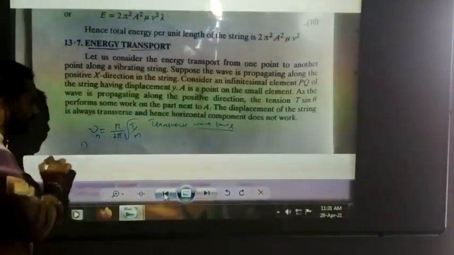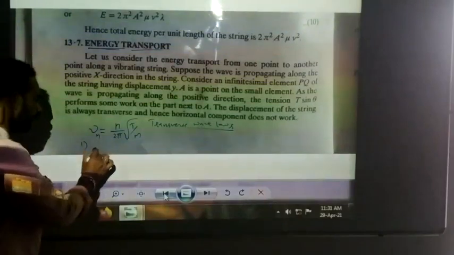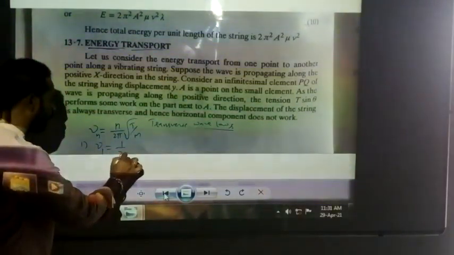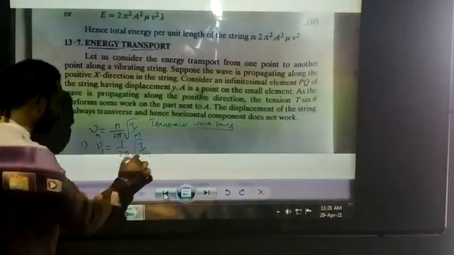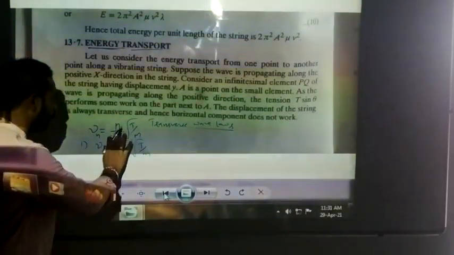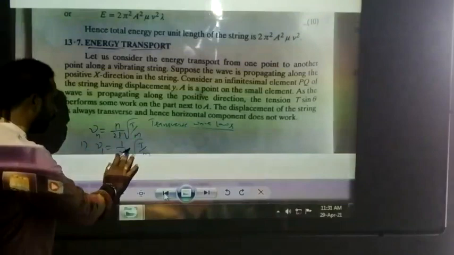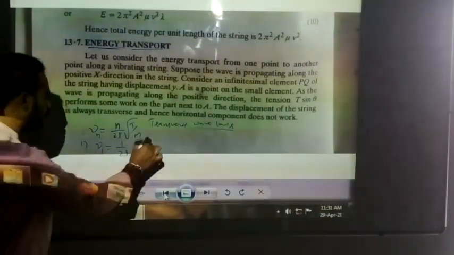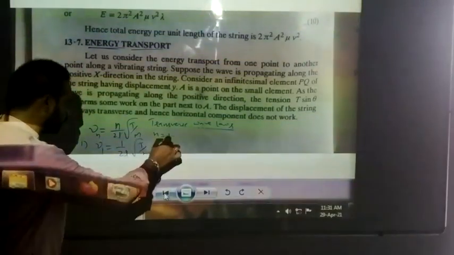First, when we take the fundamental frequency nu 1 is equal to 1 by 2 pi under root T by m. Sorry for the inconvenience, it is 1 by 2l. This is n by 2l, where n is equal to 1, 2, 3, and so on.